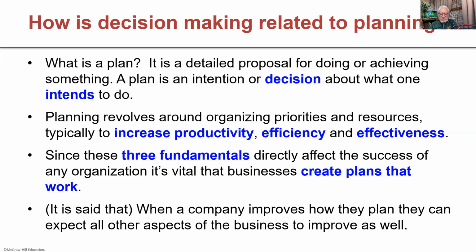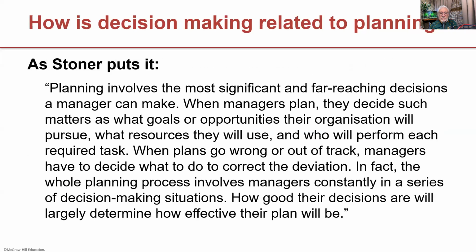I'm not so sure about that, but you'll find that Stoner, for example, says it this way: planning involves the most significant and far-reaching decisions a manager can make. When managers plan, they decide such matters as what goals and opportunities their organization will pursue, what resources they'll use, and who'll do the tasks.